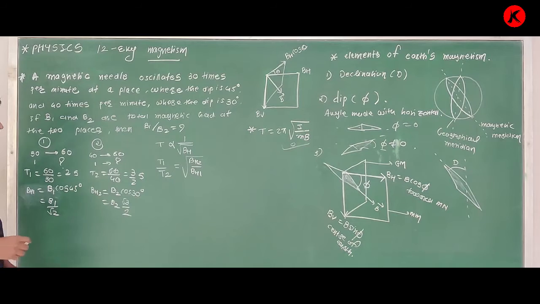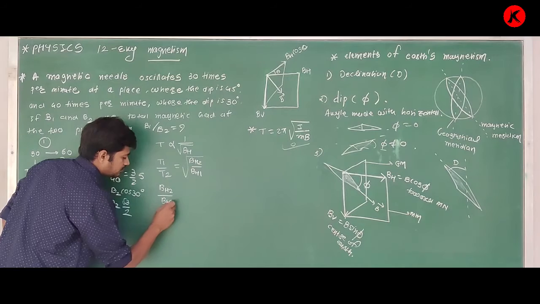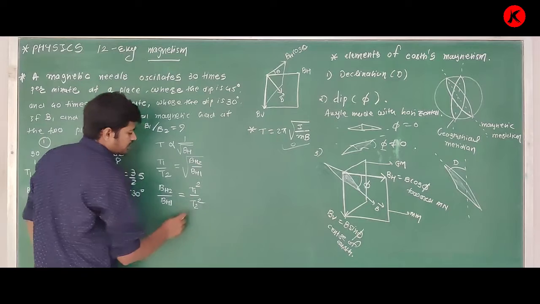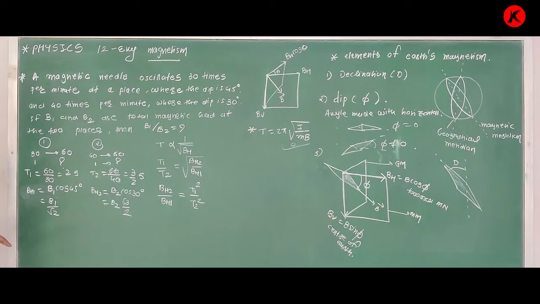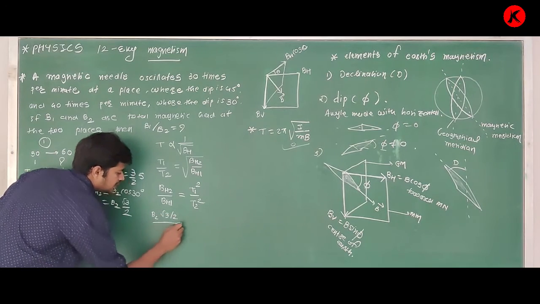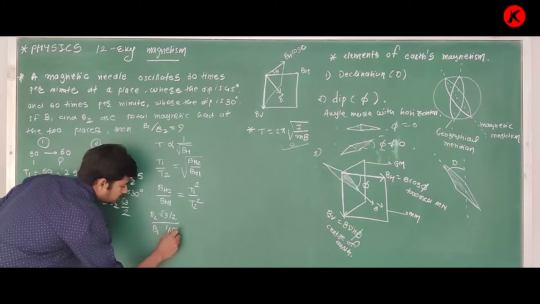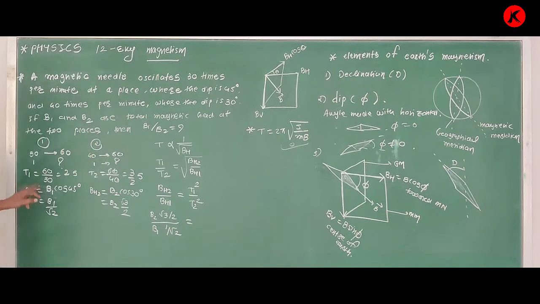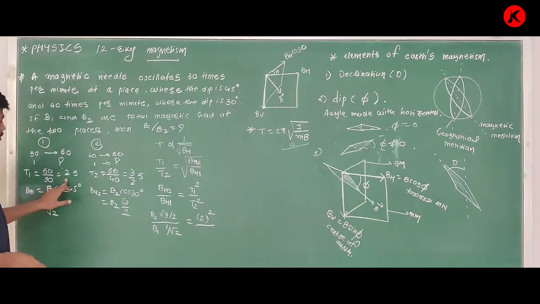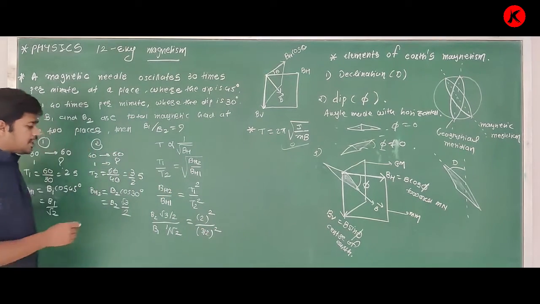If I take the square on both sides, then BH2 upon BH1 is equal to T1 square upon T2 square. Now put in the values. BH2 is B2 root 3 by 2, divided by BH1, which is B1 times 1 upon root 2, equal to T1 squared, T1 is 2, so 2 squared, divided by T2 squared, that is 3 by 2 squared.